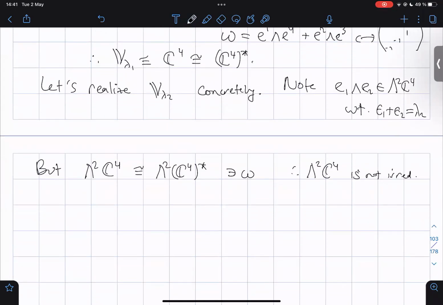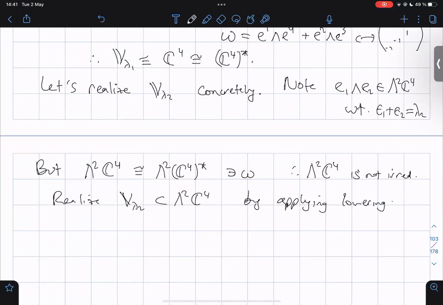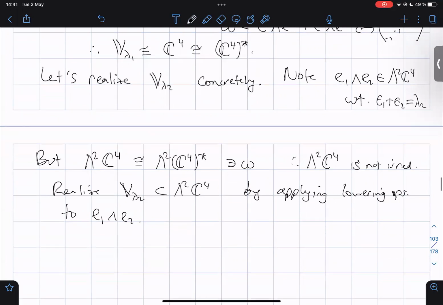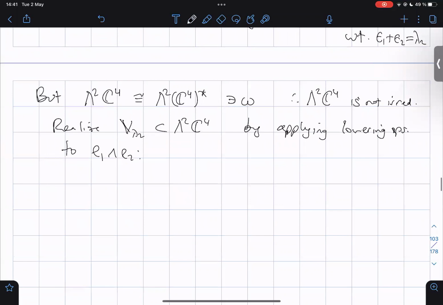So how do we construct this? Just as before, realize this guy by applying lowering operators to E1 wedge E2. So what are these lowering operators? Remember, we had these matrices before.